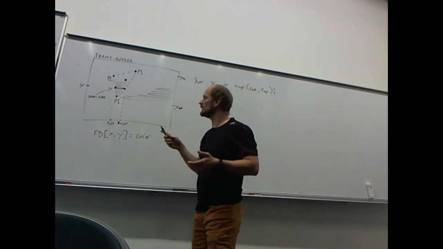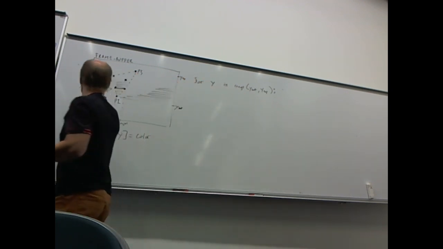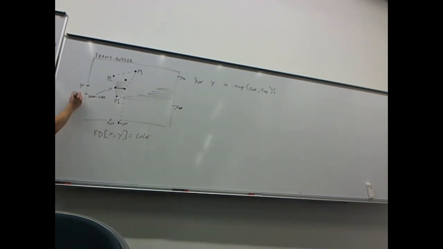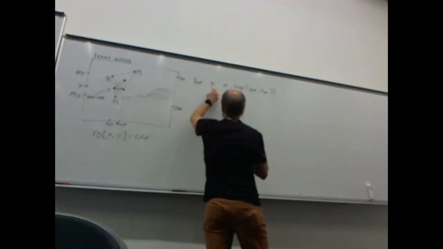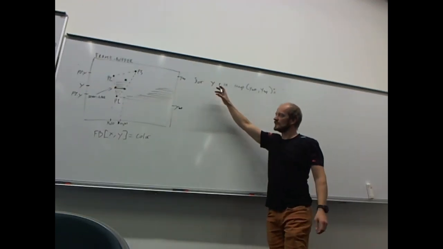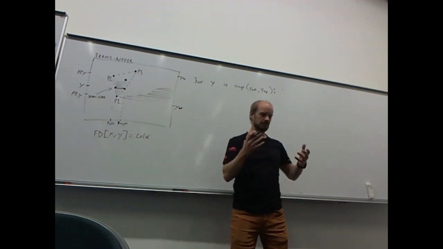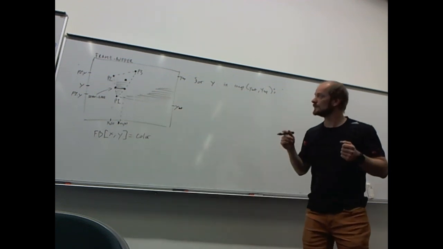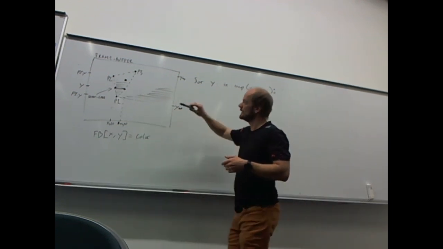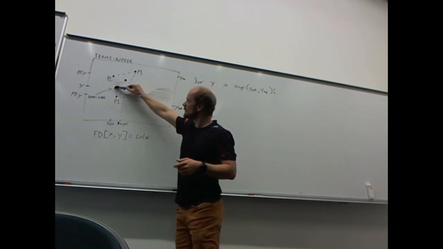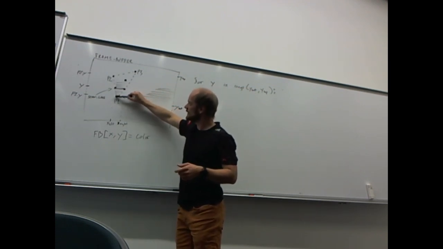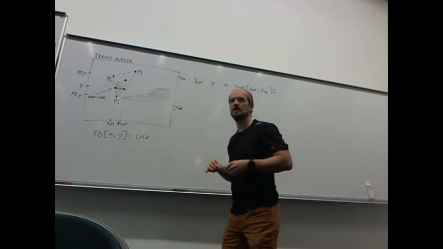So can I somehow build this? Can I use the y value of P1, P1y, the y value of P2, and the general y value, which I know because it's part of my loop here, to basically set up a parameter that goes from 0 when I'm here to 1 when I'm here?